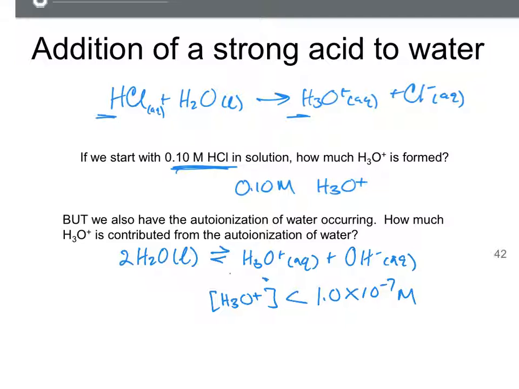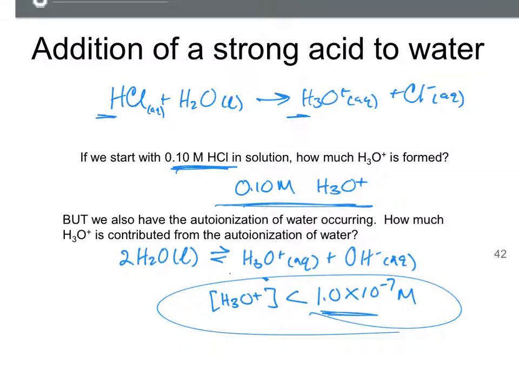Once we know that it's really small, we know that the concentration of H3O+ from the strong acid, from HCl, is much greater than this 1 times 10 to the minus 7. So this autoionization of water, when you add a strong acid, is negligible.